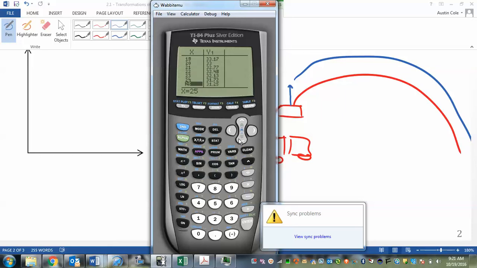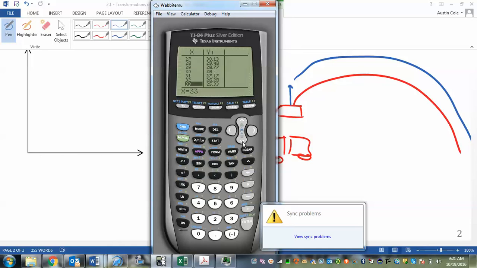Is this going higher really fast or not very fast? Not very fast. I think we would agree there. When does it start going down though? Oh, right here. 18? No, 17 is the highest, and then after 17 feet, it starts going down, doesn't it?